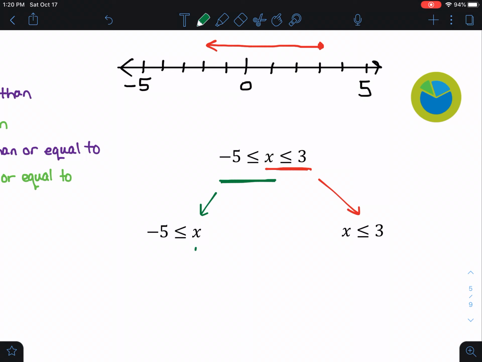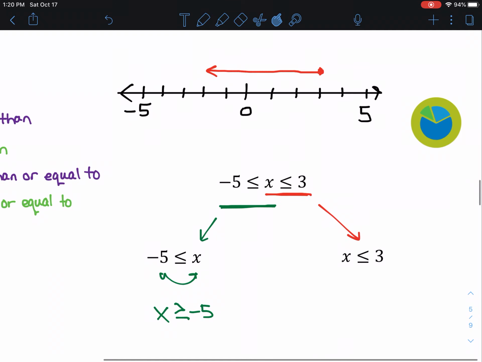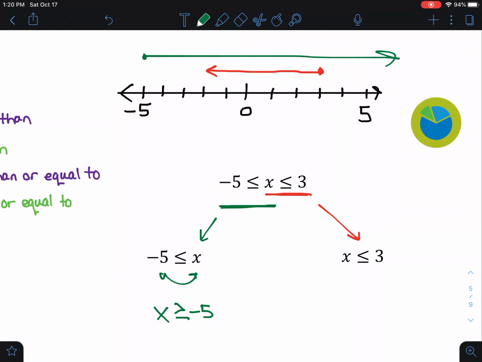We usually flip them around so that the x is first and the -5 is here. But I want the alligator mouth to still be chewing the x, so I need to flip that around as well. So then this is x is greater than or equal to -5. That would be, here's -5, and it would be everything greater than or equal to going this way.